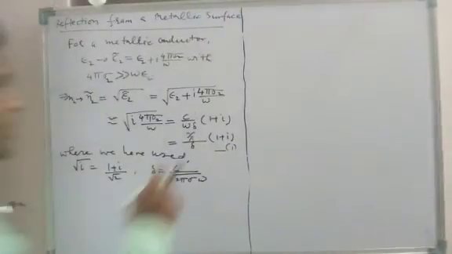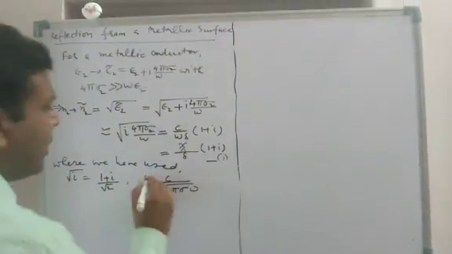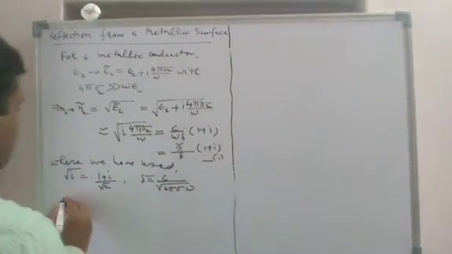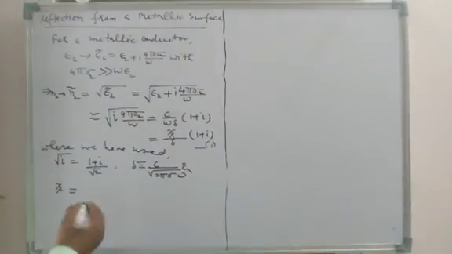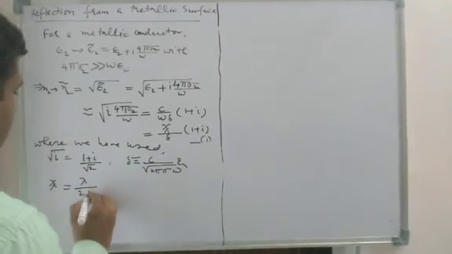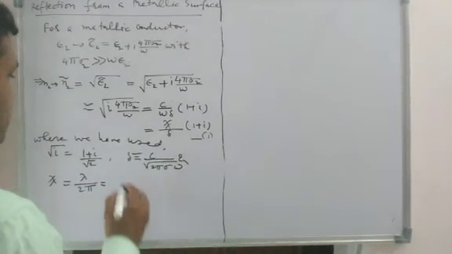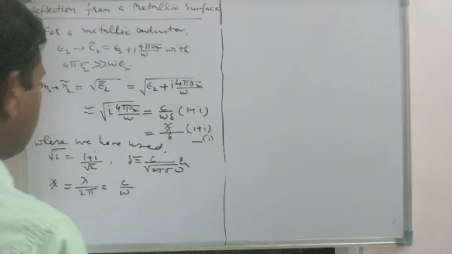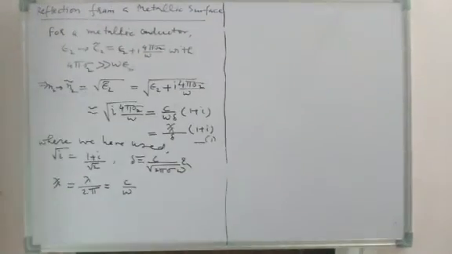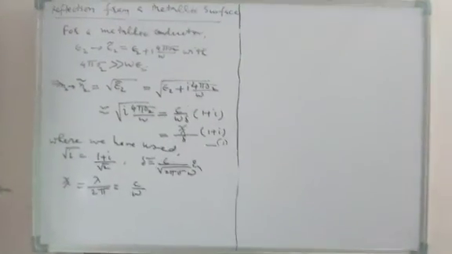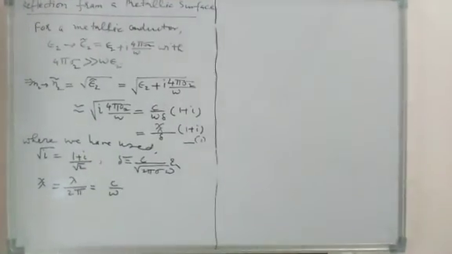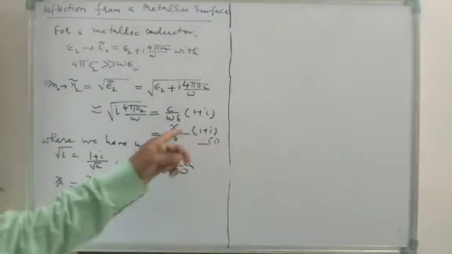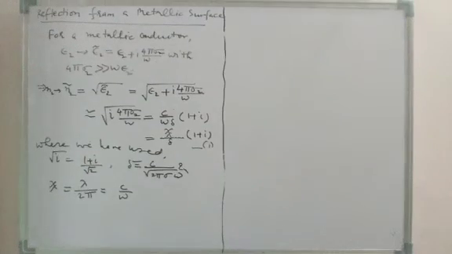And the third thing that we use is lambda bar, which is basically a reduced wavelength, c by omega. So this is just lambda bar by delta.